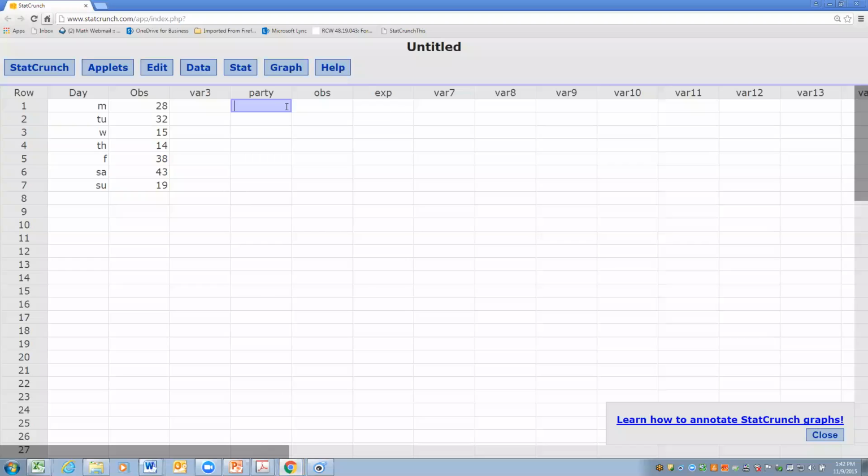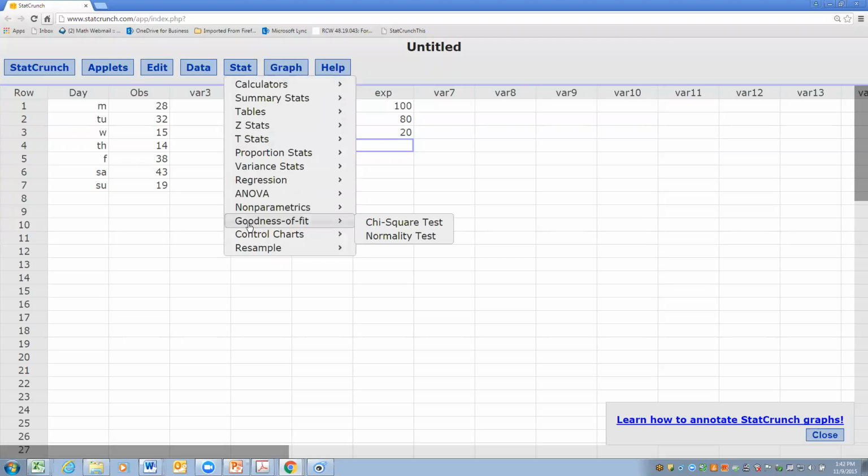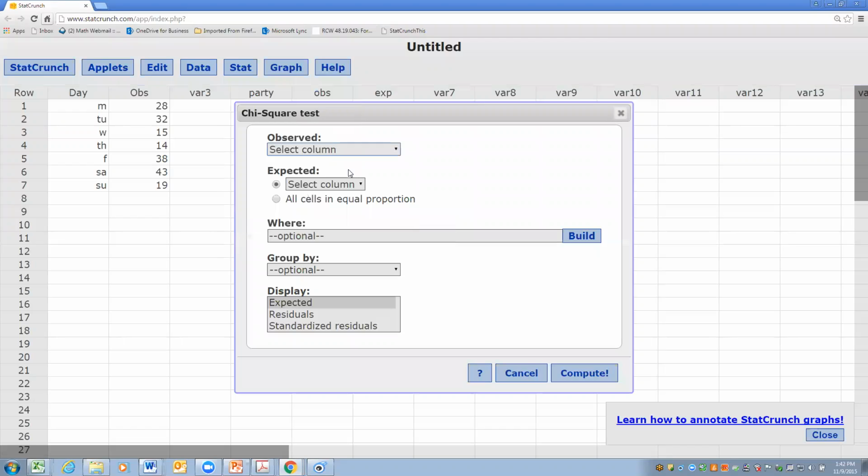So we're going to do Republican, Democrat, Independent, observed is 90, 80, 30, and expected is 100, 80, 20. We'll go to stat, goodness of fit, chi-squared. Our observed column is in OBS.